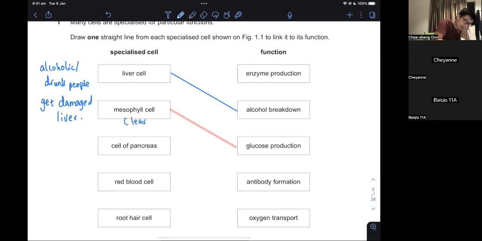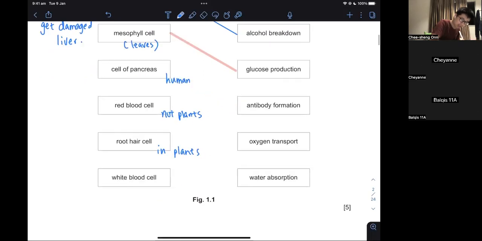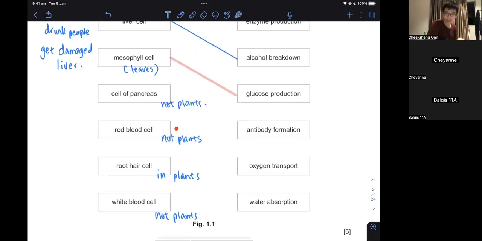Because if I look at the rest of these, pancreas is present in human beings, red blood cell is present in, well, not plants, it could be human, it could be animals, and root hair cell is in plants, and white blood cells again is not in plants. Pancreas, animals do have pancreas, so this is not plants again. Red blood cell, we are very good with red blood cell. This is what makes the color red for your blood.